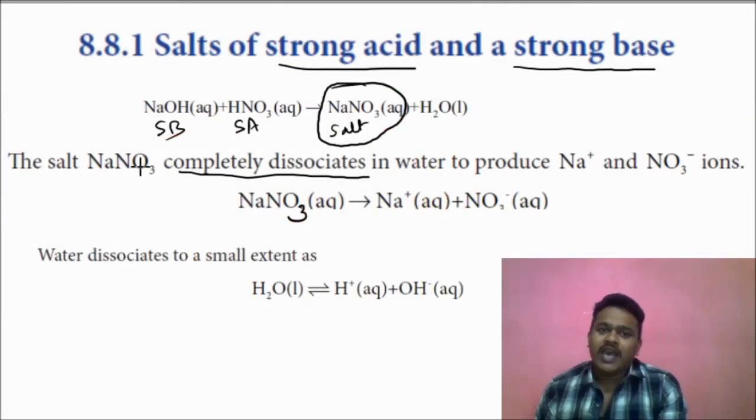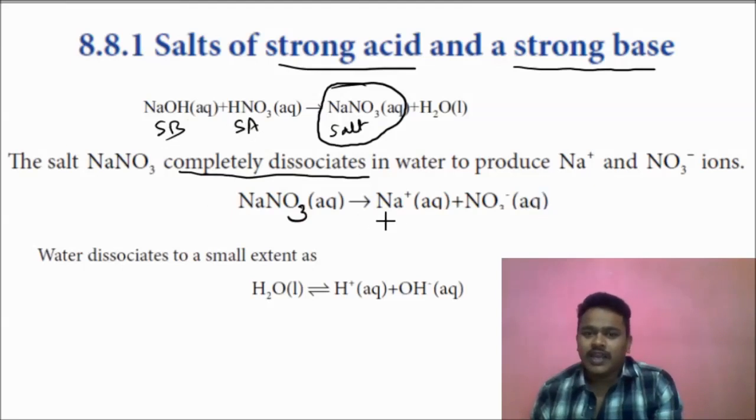NaNO3 is a salt of strong base and strong acid, so it is completely dissociated into its ions. That is why I am showing a single arrow: Na plus and NO3 minus. AQ represents water.